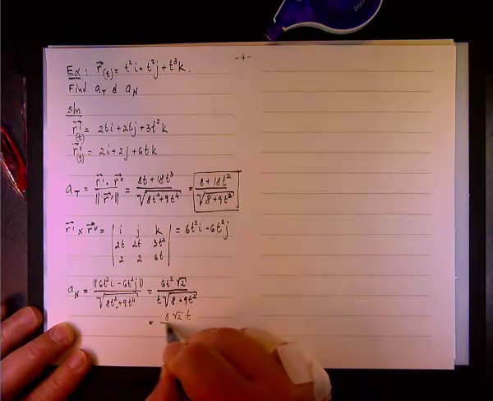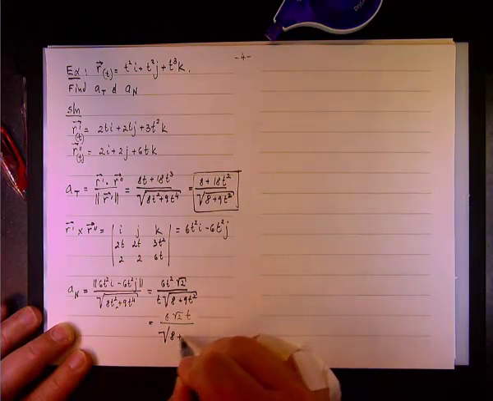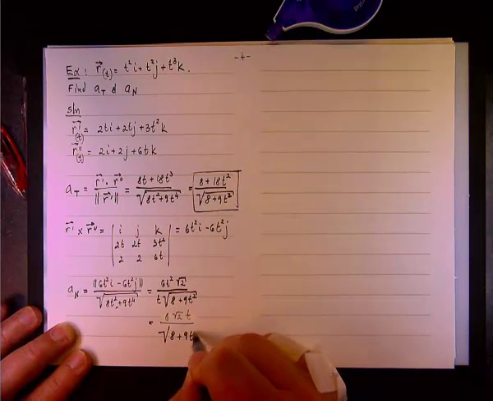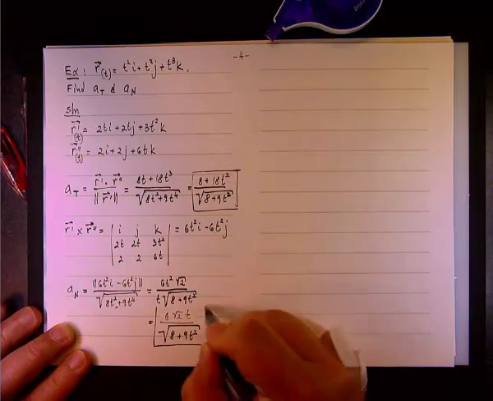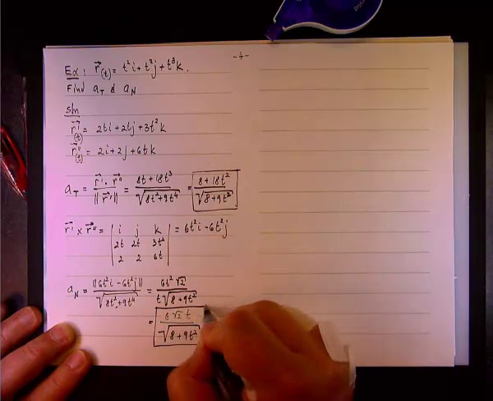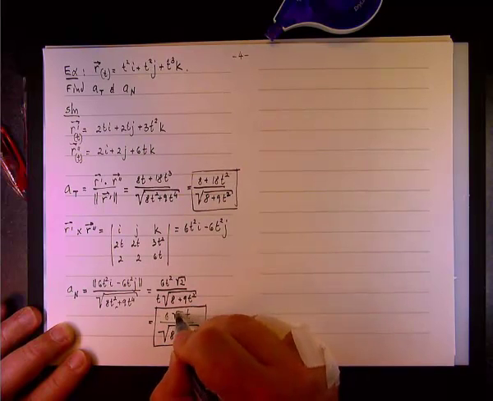Actually, we put the coefficient ahead of the variable, so we write 6 square root of 2 t divided by the square root of 8 plus 9t squared.